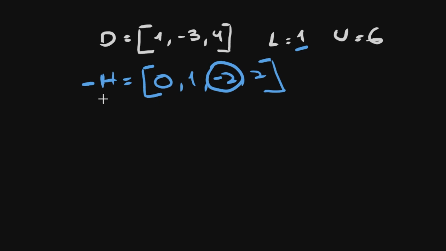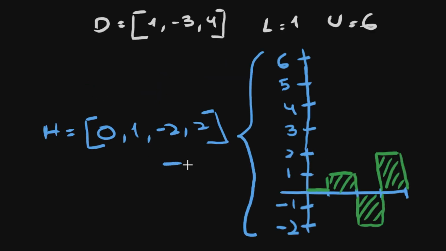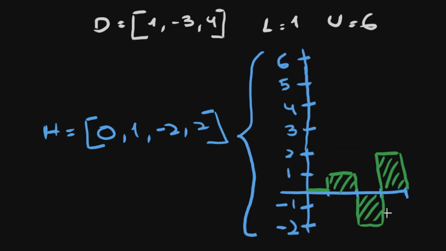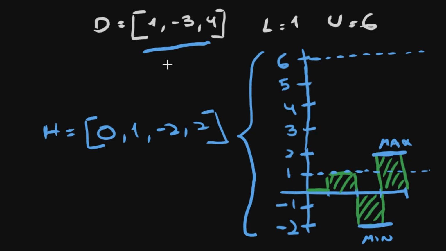But let's see the following. Right now we have a hidden array with these values: 0, 1, minus 2, and 2. And we know that this one is the maximum value and this one is the minimum value. We also know that this is the lower bound and this is the upper bound. And another thing we know is that the differences in this array are correct because we have built this using the original array of differences up here.